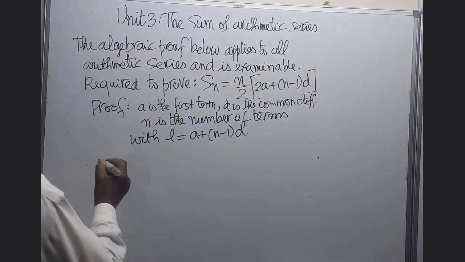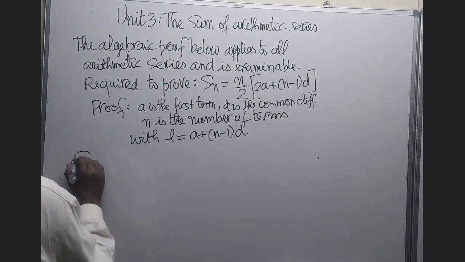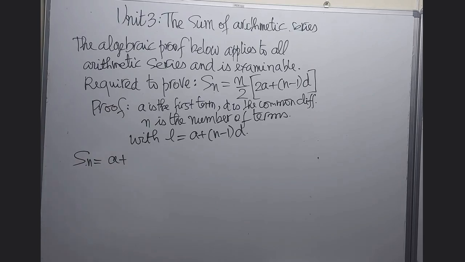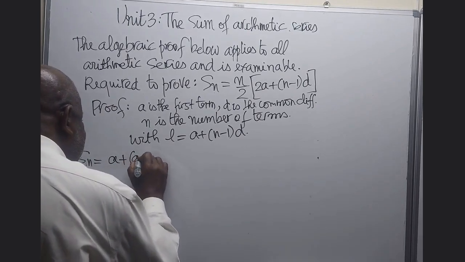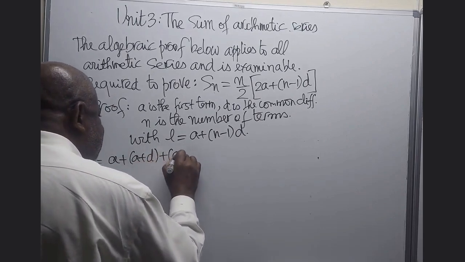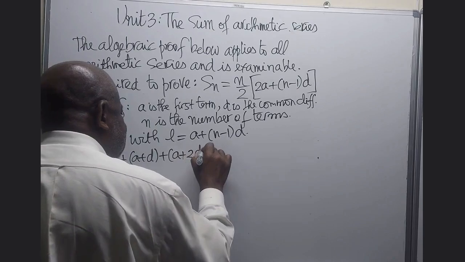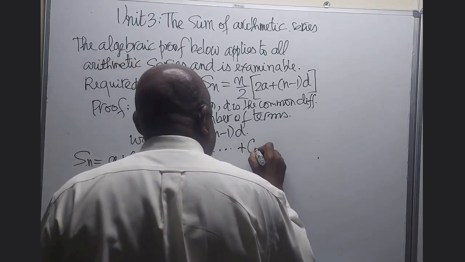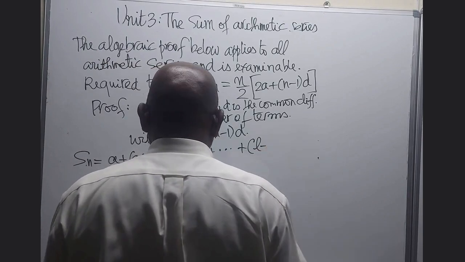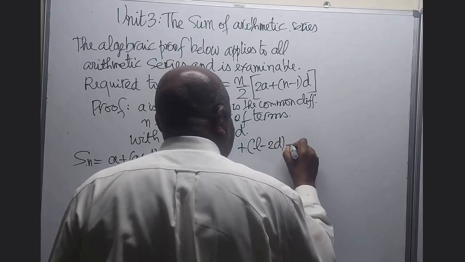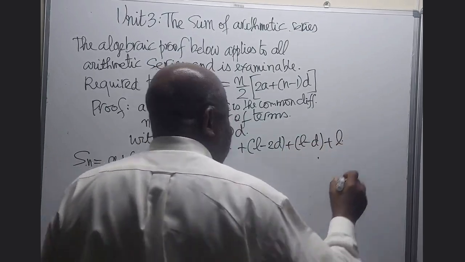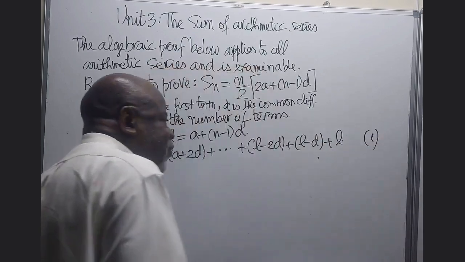So Sn will be equal to a, if I consider a to be the first term, and we'll be having a plus d, a plus 2d, plus dot dot dot, and then here I'm going to have L minus 2d plus L minus d plus L. This is the first series.